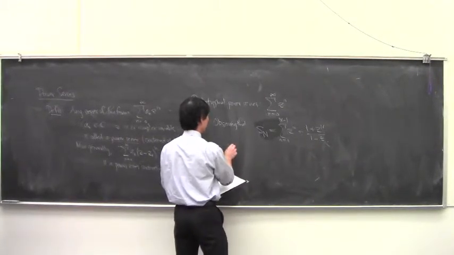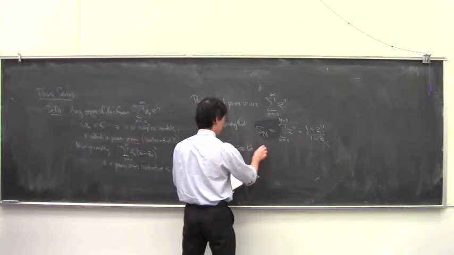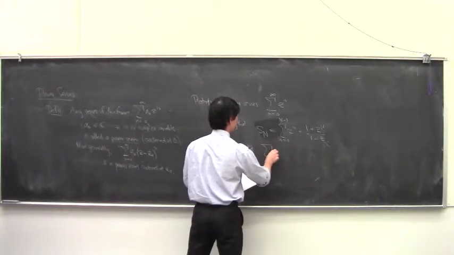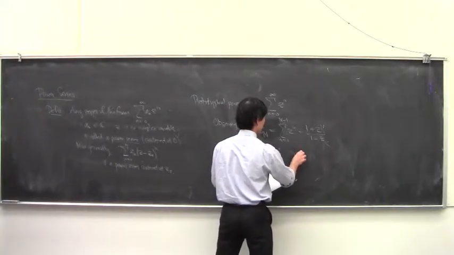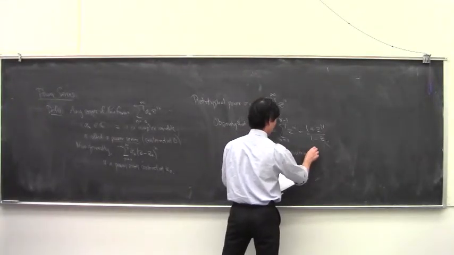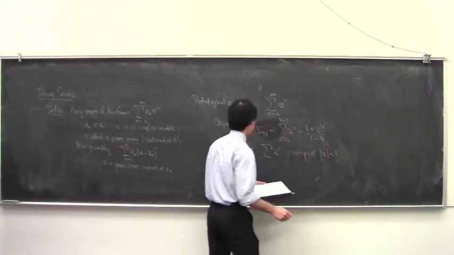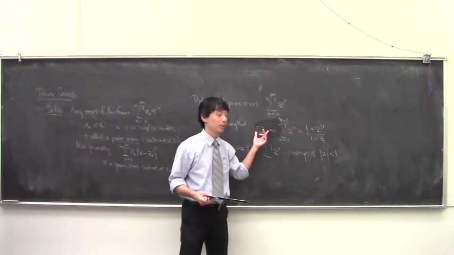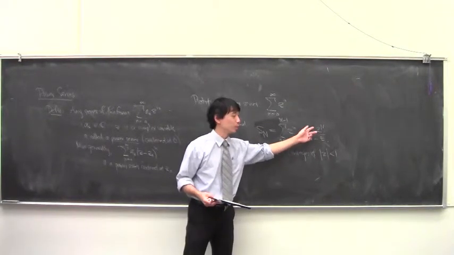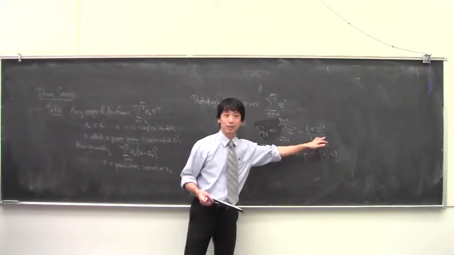One sees that the series converges if the absolute value of z is less than 1, because the partial sum sequence is going to converge to 1 over 1 minus z if the absolute value of z is less than 1.